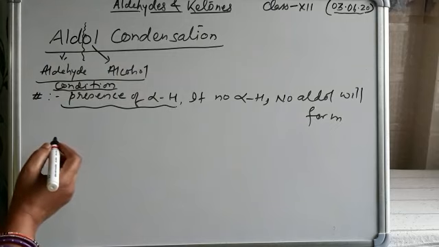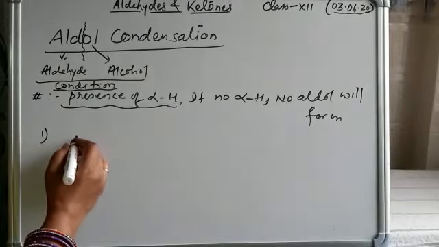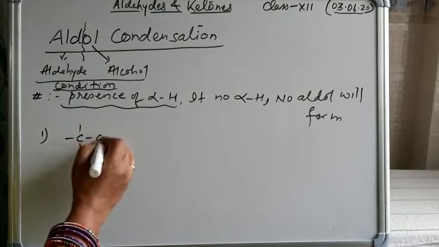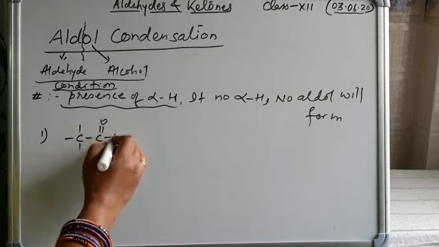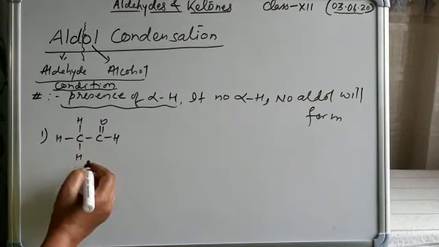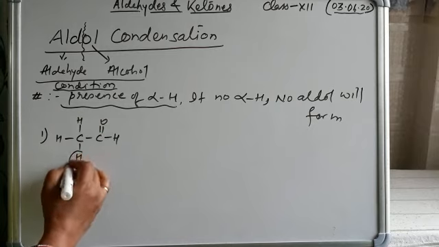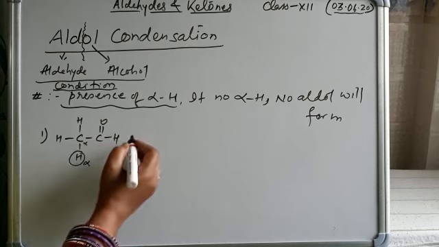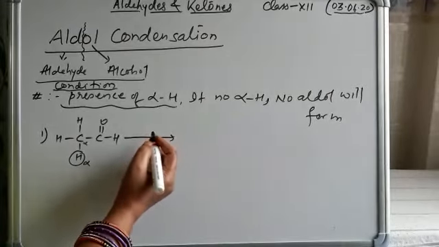See what the mechanism is. Proceed. At first, suppose we take ethanal, and we have the concept of the alpha carbon. So this is alpha hydrogen because this is the alpha carbon. In presence of alkali, most organic reactions take place in an alkaline medium.